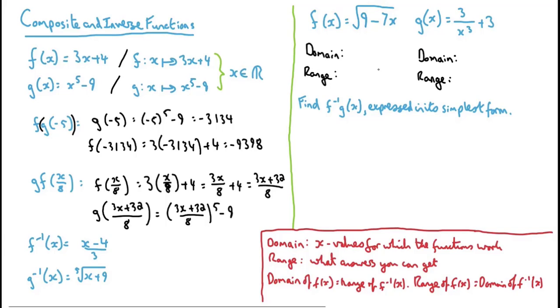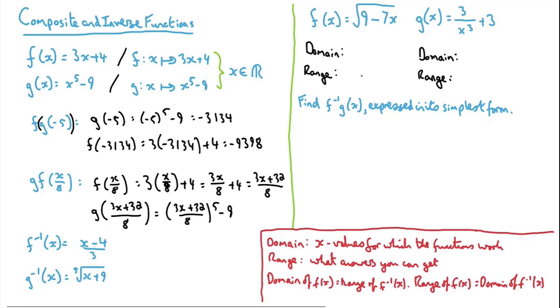So first of all, could you work out what expressions for the domain and range would be in terms of these two functions, and then could you work out what the composite function of inverse f g of x would be, simplifying that down into its simplest form. So again, just with the domains, consider, are there any parameters that have to define the x's so that both of these equations individually work, so that they won't break?